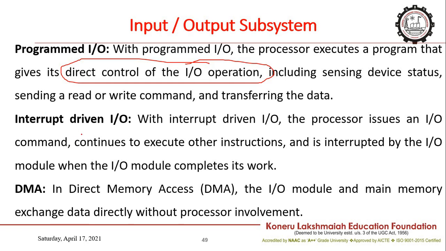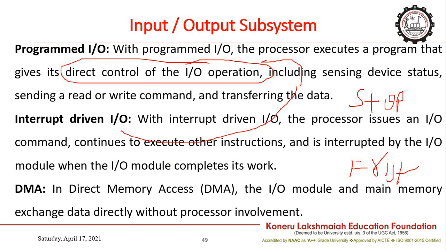And when we come to interrupt driven IO, if we are going through a process in programmed IO and an interrupt is raised, then the program that was running in programmed IO will stop for a while, and the interrupt will execute first, and after that the program which was stopped will continue.